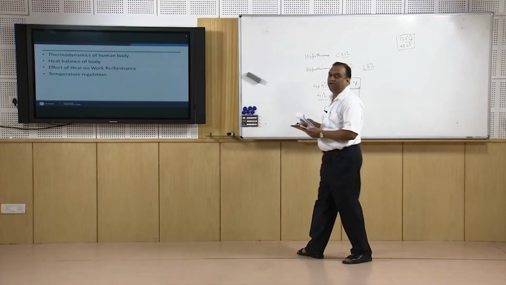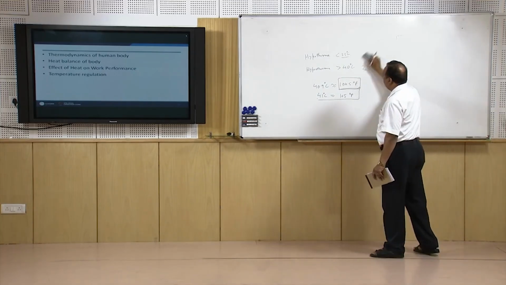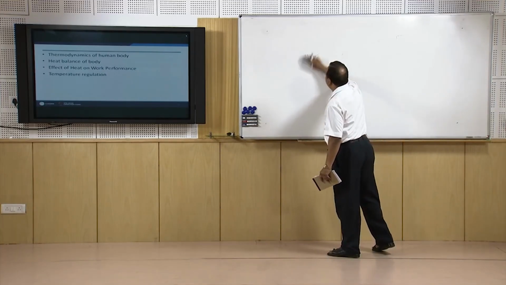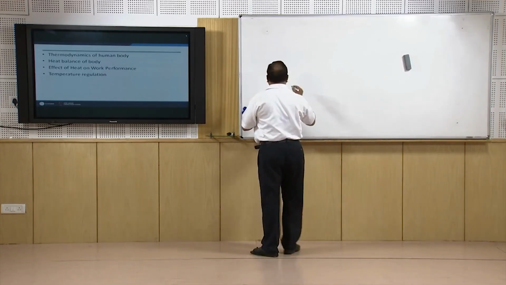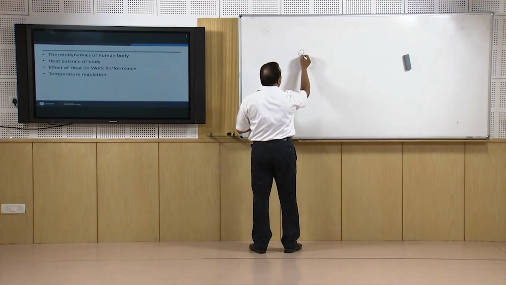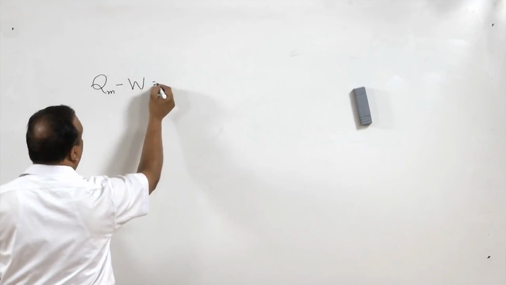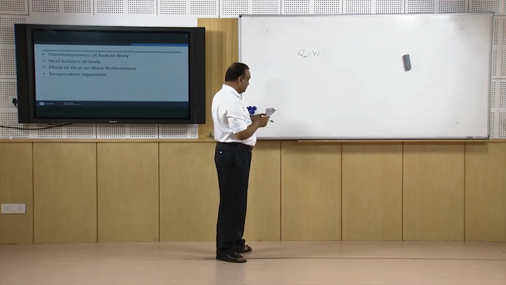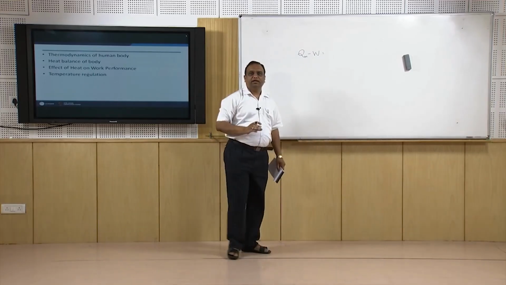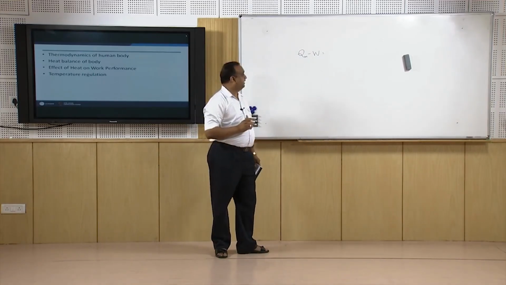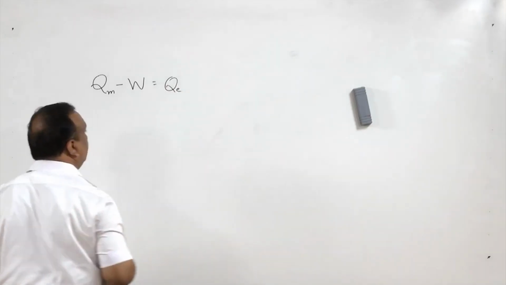So, a proper heat balance of heat emitted from the human body is required, because metabolic rate is a continuous rate of heat evolution from the body. Now, if we write the heat balance equation, that is heat in metabolism minus work done, that is energy consumed by doing some work, is equal to, one mode of heat transfer from the body can be evaporative cooling, that is QE.